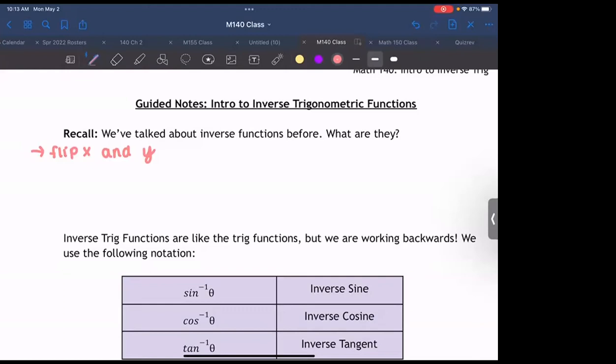Not vertical, but horizontal line test. Good. I actually get mixed between the two, but we use the horizontal line test to test if a function had an inverse or if it didn't have one. Okay. What else? Any examples of inverse functions that you remember?